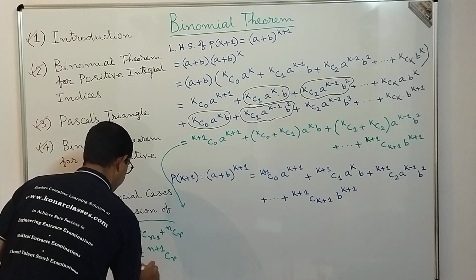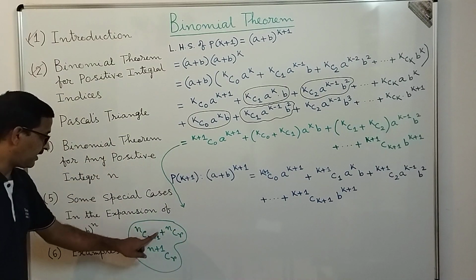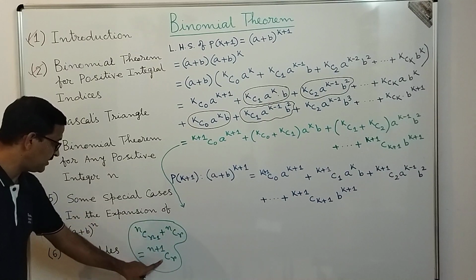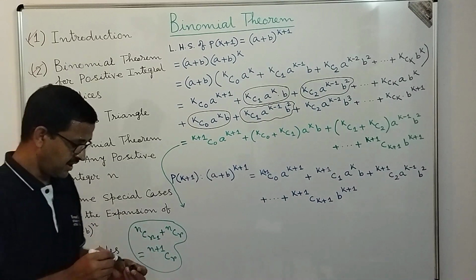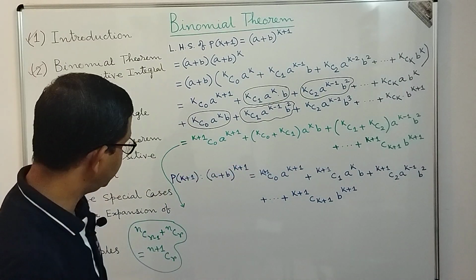So this is an important property: nC(r-1) plus nCr is equal to (n+1)Cr. And that property we are going to use here. So what are we going to get then?